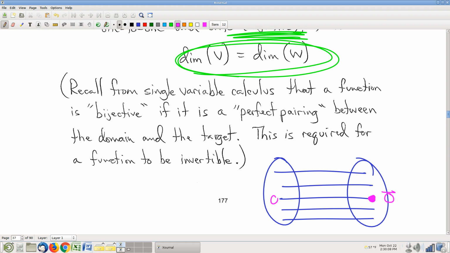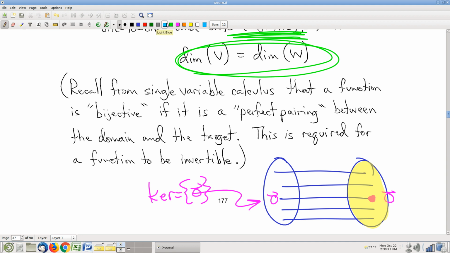So the kernel is just the 0 vector. What's the image? Well, the image is everything, because by assumption, being bijective, for everything in the target, there is a corresponding input value. Everybody's got a buddy, right? So the image is the entire target.